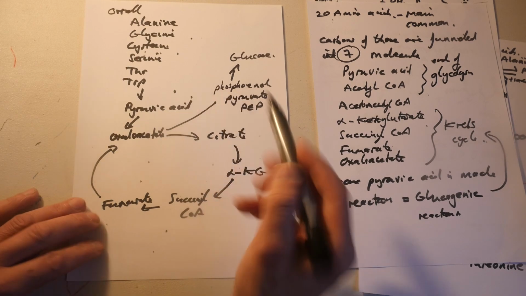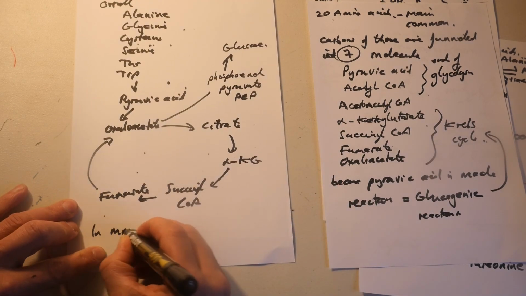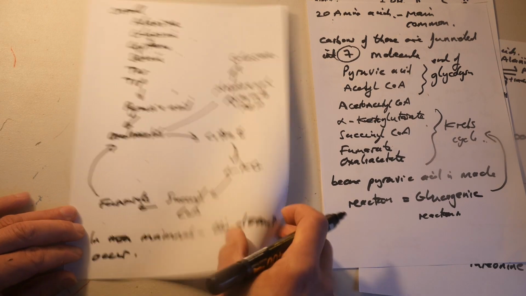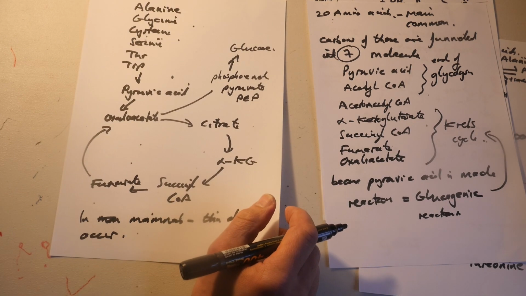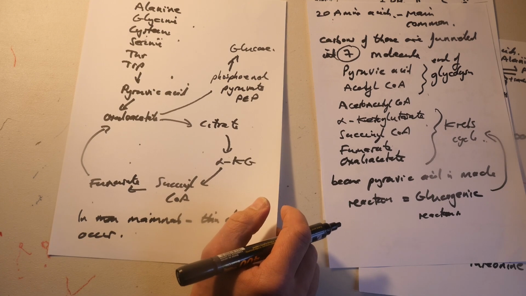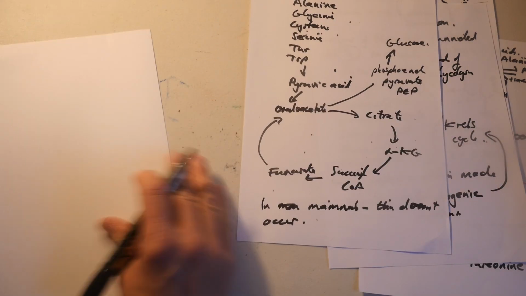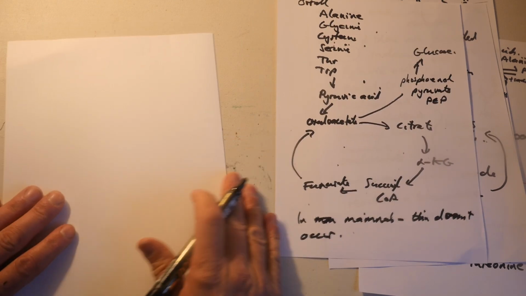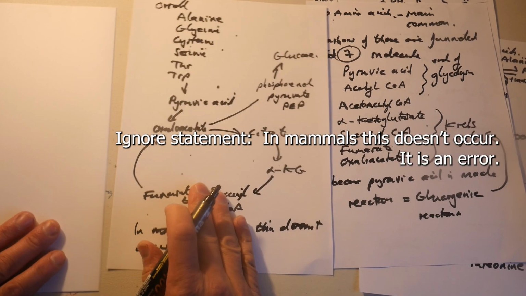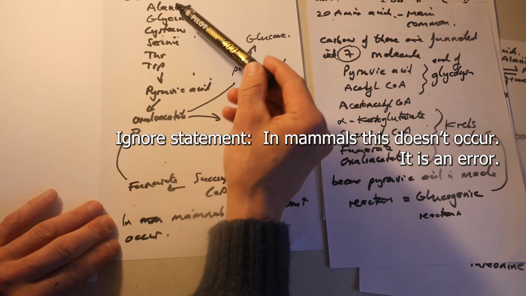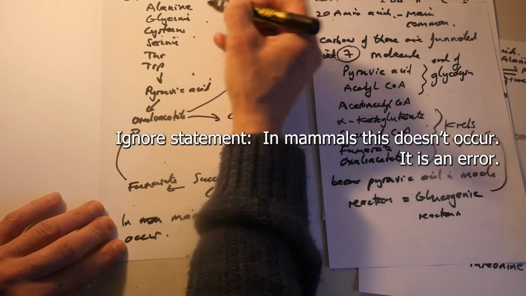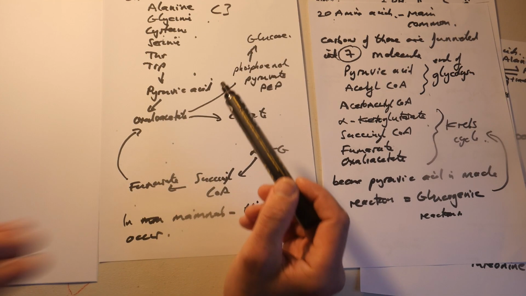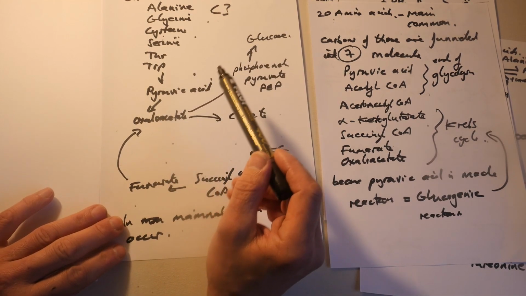But in mammals, this is lacking. So this shows the fates of the carbon skeletons of the carbon 3 amino acids in the glucogenic pathways.